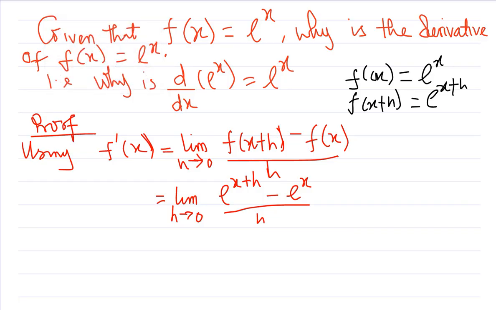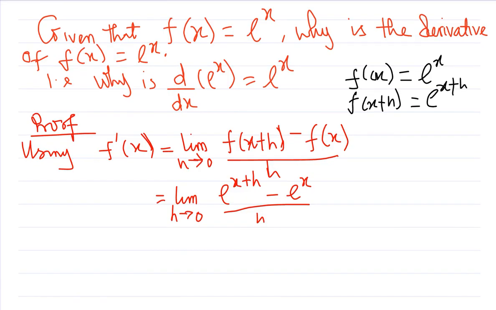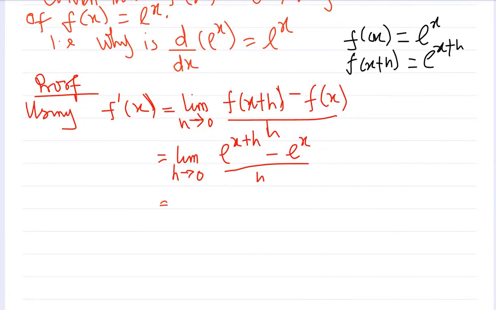Then the next step is to apply the exponential rule. So I'm going to have the limit as h approaches 0 of exponential x multiplied by exponential h, minus exponential x, then divided by h.